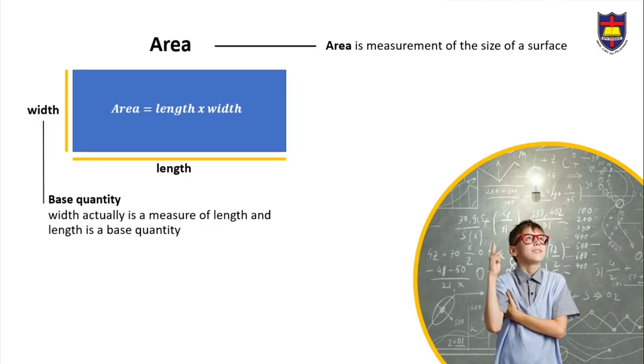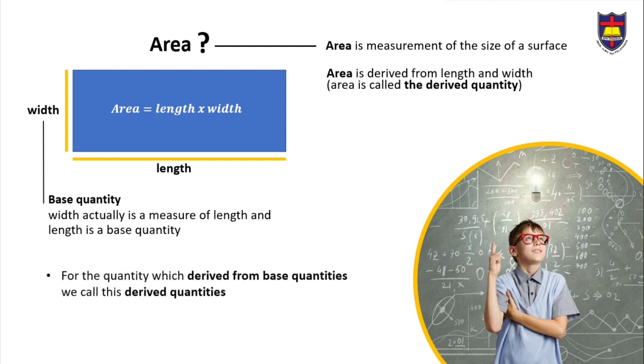Now, both length and width are base quantities. So, what about area? We can say area is derived from length and width, right? So area is called a derived quantity. So we can say that a quantity which is derived from the base quantities, we call a derived quantity. In other words, by combining base quantities, we get derived quantities.